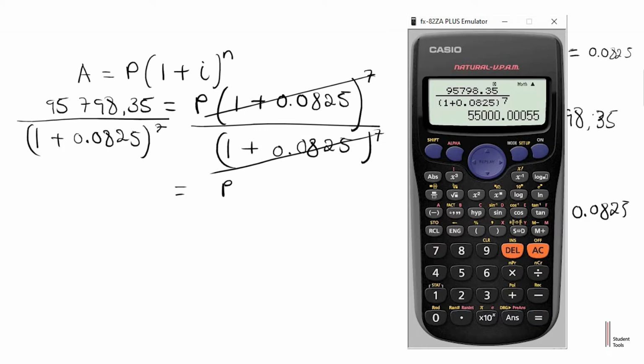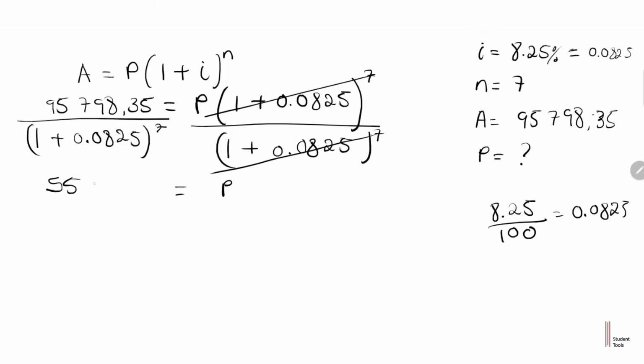So all this is equal to 55,000. So the principal amount is 55,000, or the amount that was initially invested was 55,000 rands. And that is just how we calculate it. Okay, now we are done with this question. Let us move on to 1.4.